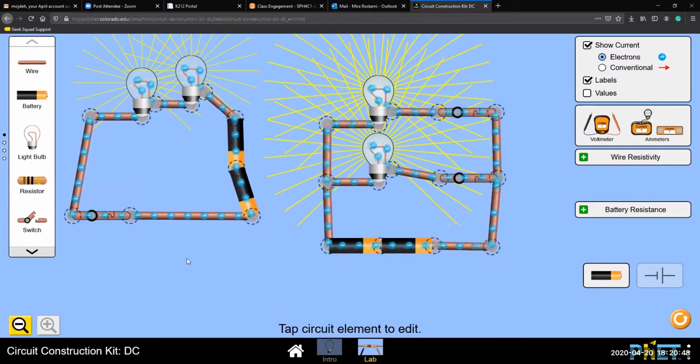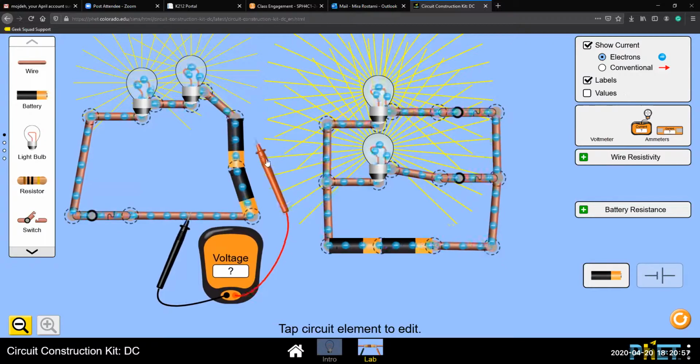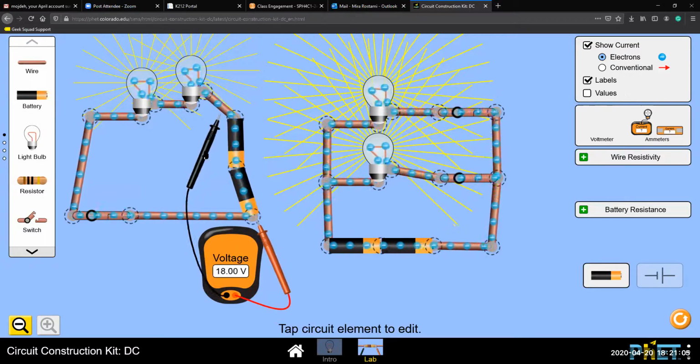Now that $100 I talk about is the power that a battery gives. So I'm just going to measure that power, like how much energy my batteries are giving me. So if I put this to the two ends of the battery, if you get a negative number, it's because the red has to be there, okay? So what I'm measuring, I'm putting this to the two ends of my batteries, and what do I read?